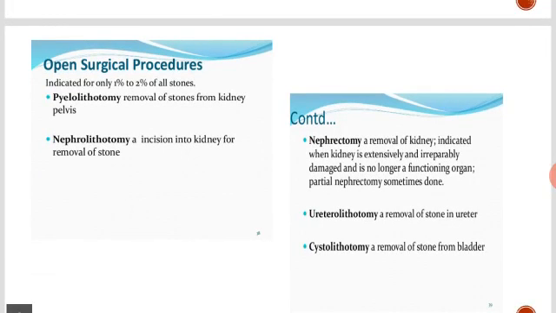Nephrectomy, a removal of kidney, indicated when kidney is extensively and irreparably damaged and is no longer a functioning organ. Partial nephrectomy is sometimes done. Ureterolithotomy, a removal of stone in ureter. Cystolithotomy, a removal of stone from bladder.